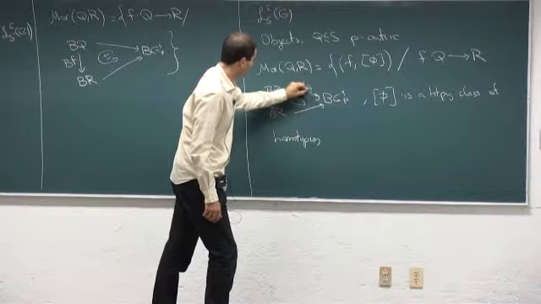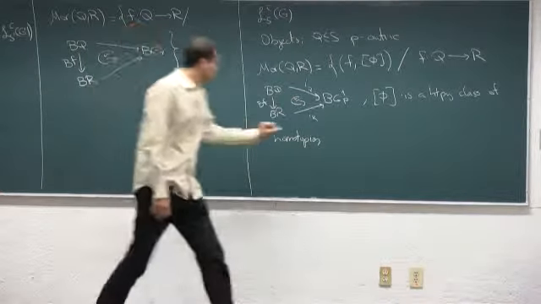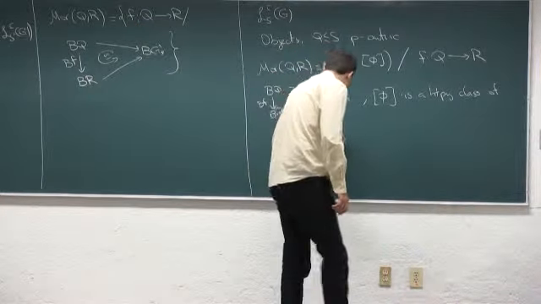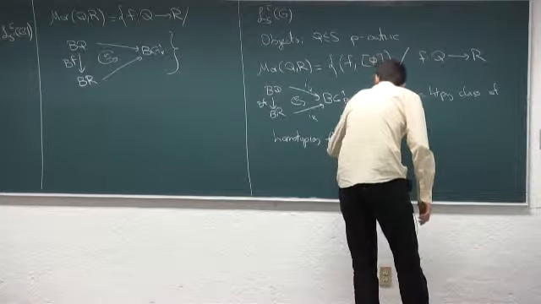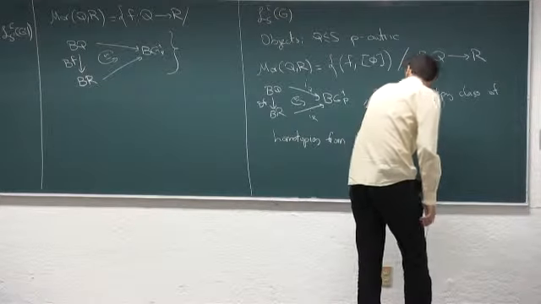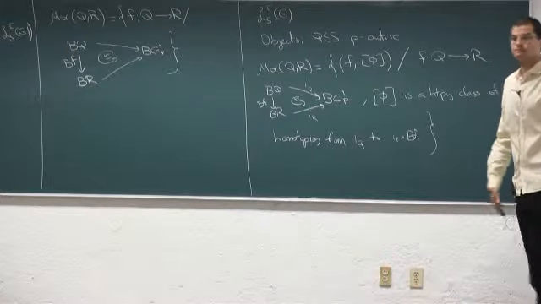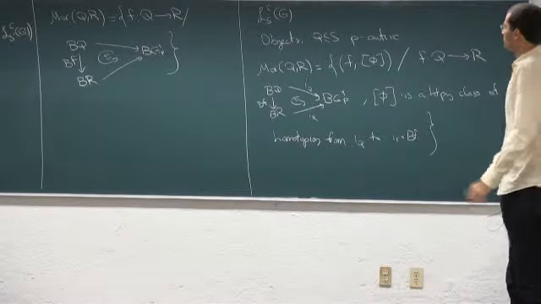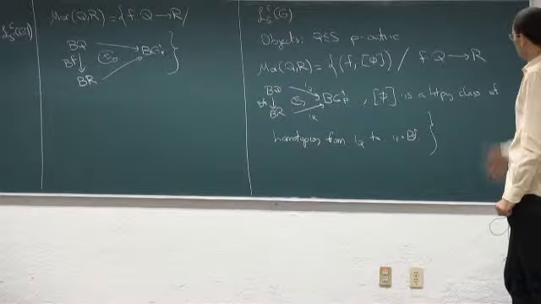So let's say I call this I_Q and I call that I_R, from I_Q to I_R composed with BF.